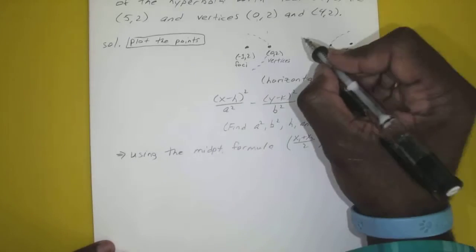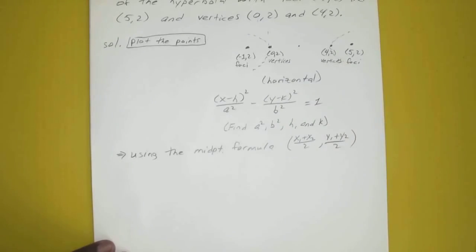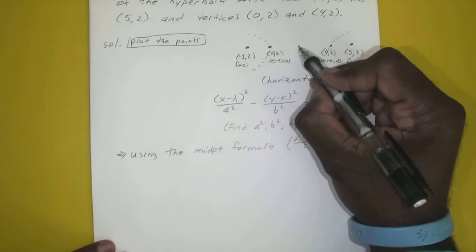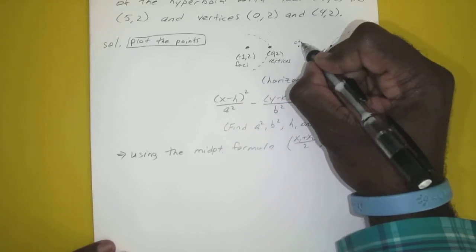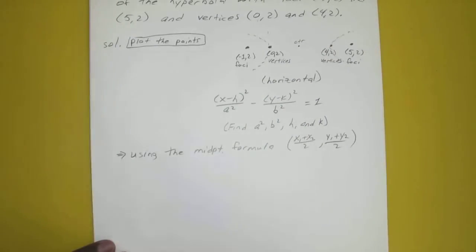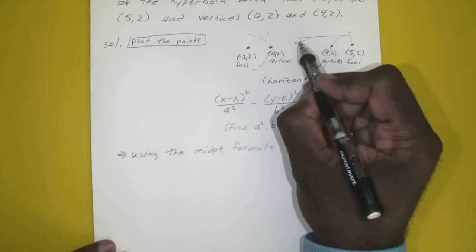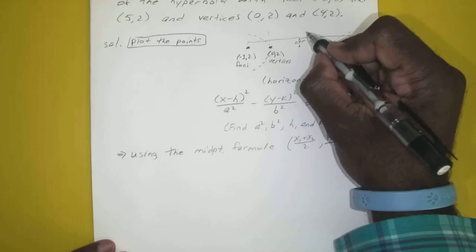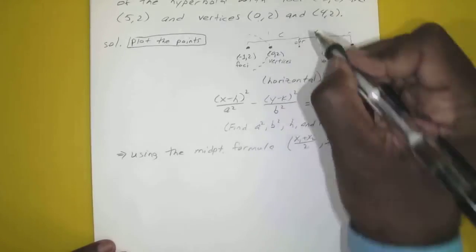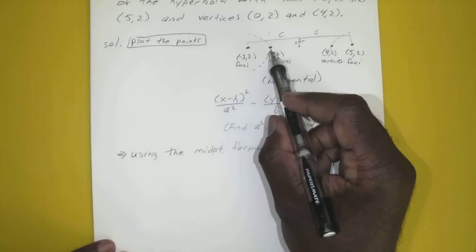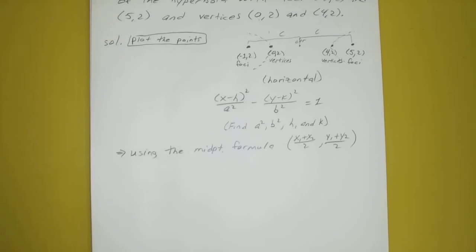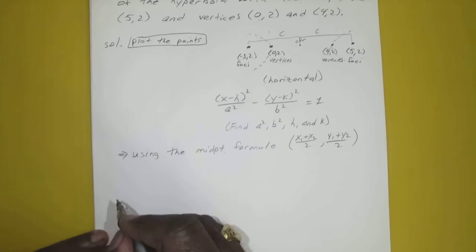Okay, because if you remember, your center is right there. And C, so this is our center. C is the distance from your center to your focus points.